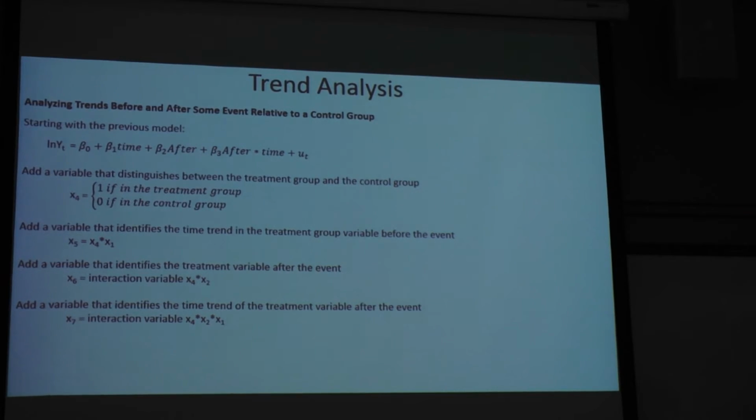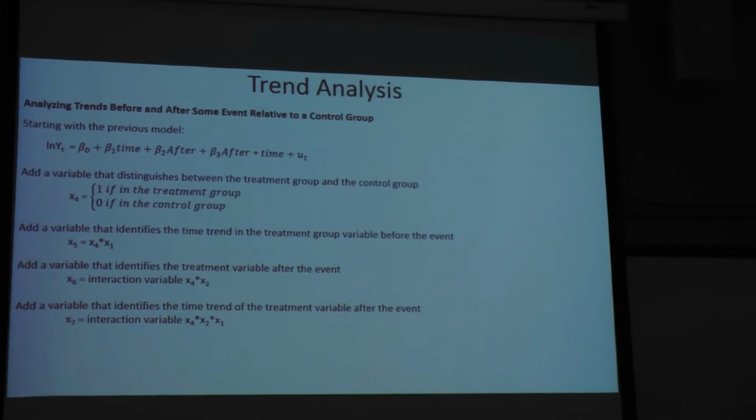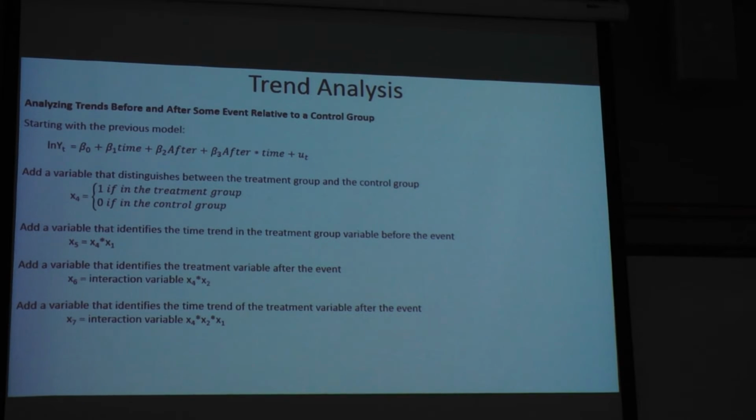Yes, you can have triple interactions. And it has a very, very specific meaning. Because it's the interaction of x4, the treatment group, x2, which is after, and x1, which is time. That is, it's going to be the change in the slope of the treatment group after the treatment. Can you say that one more time? It's going to be the change in the slope of the treatment group after the treatment.